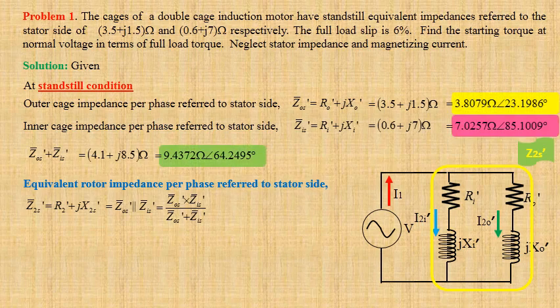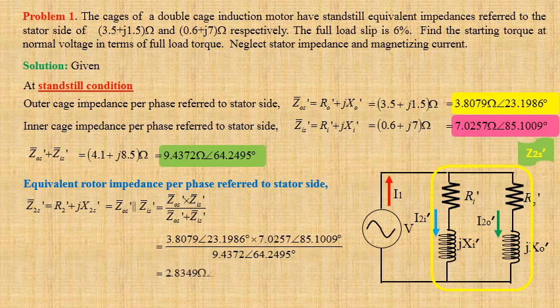Using values we get 3.8079 at an angle 23.1986 degree into 7.0257 at an angle 85.1009 degree divided by 9.4372 at an angle 64.2495 degree. That gives us 2.8349 ohm at an angle 44.05 degree.